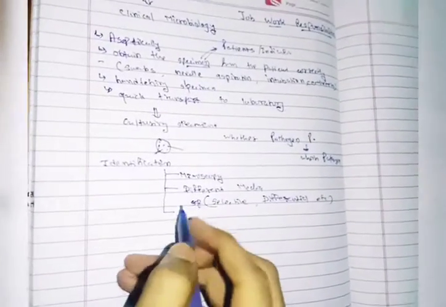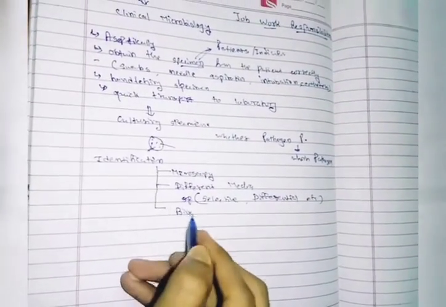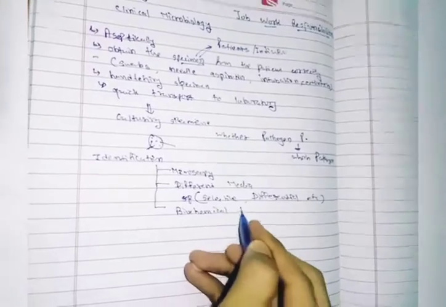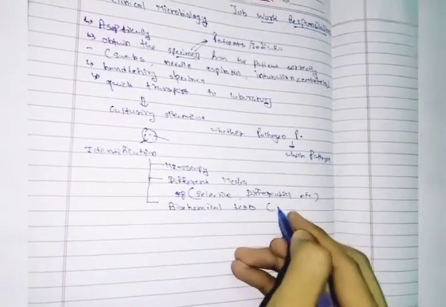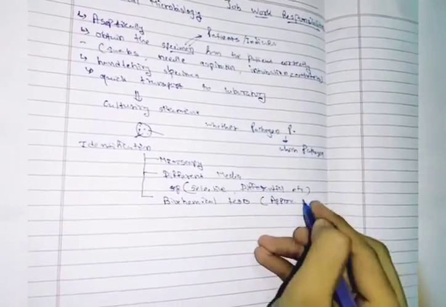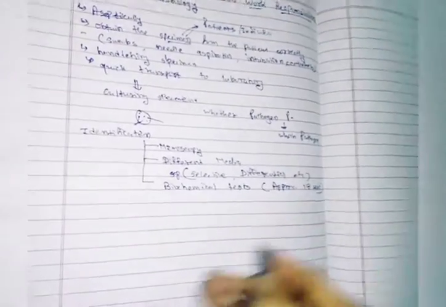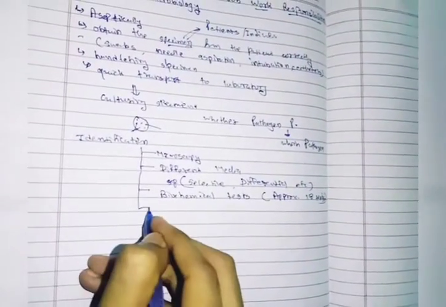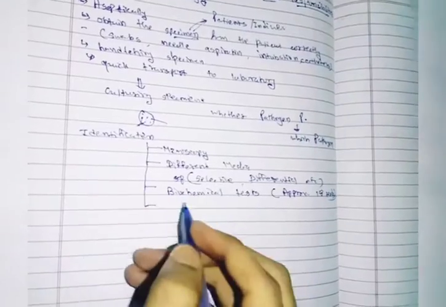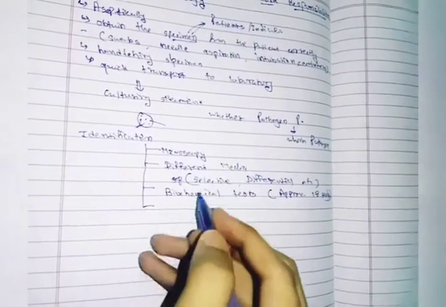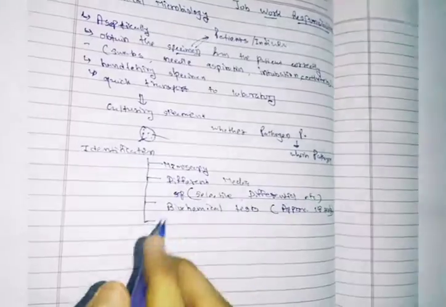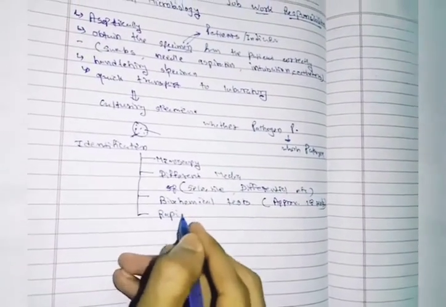Then the biochemical tests. There are approximately 18 tests for biochemical tests to identify the characteristics of that pathogen, so that we can probably say that this or that pathogen is present. And the rapid identification tests.